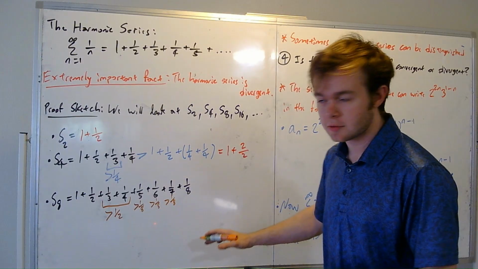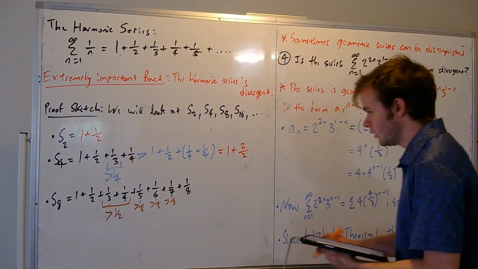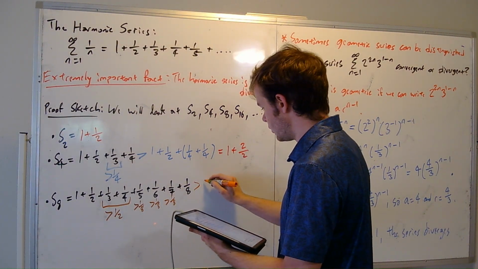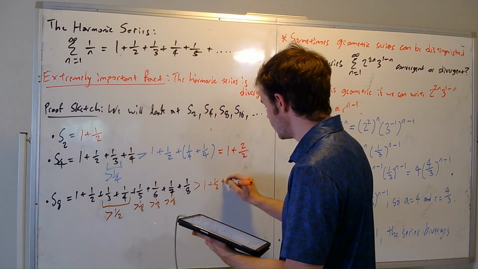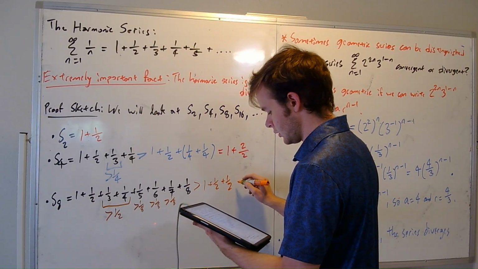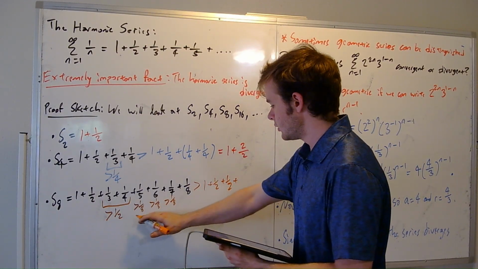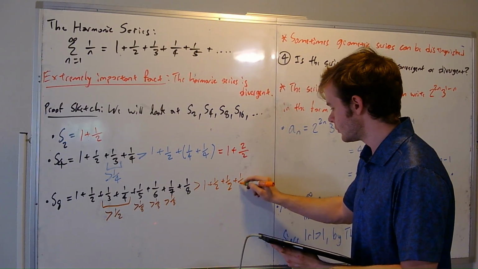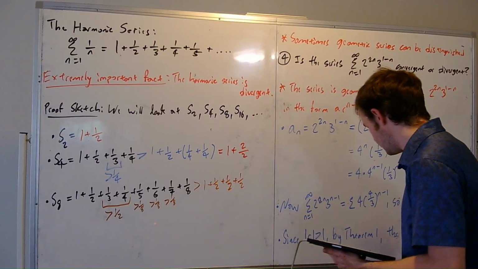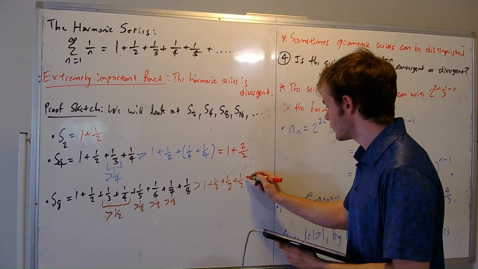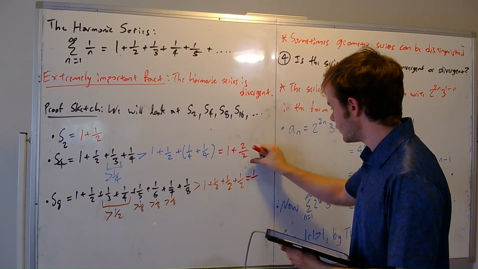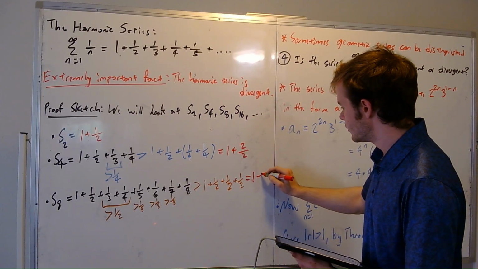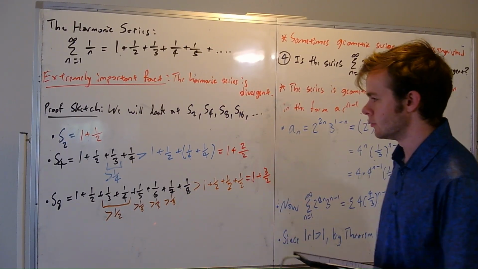So if we add all these things together, this is greater than 1 plus 1/2 plus 1/2 plus, now if we add together 1/8 4 times, we're also going to get 1/2, which is going to be 1, sorry, that's not what I want to write. 1 plus 3 over 2.